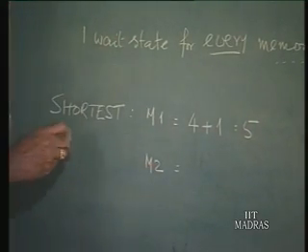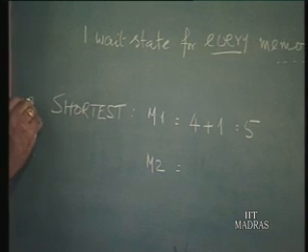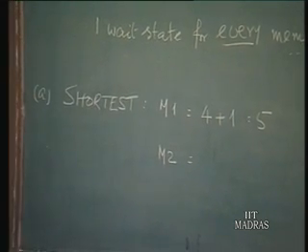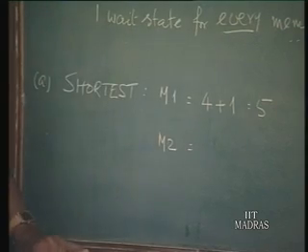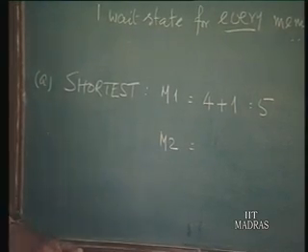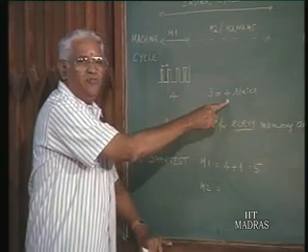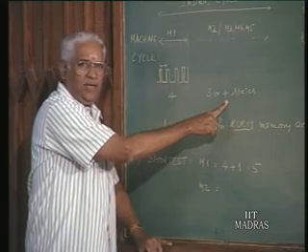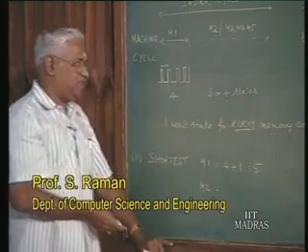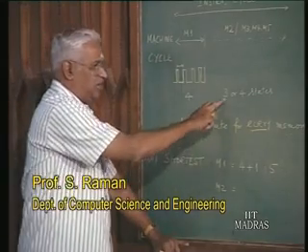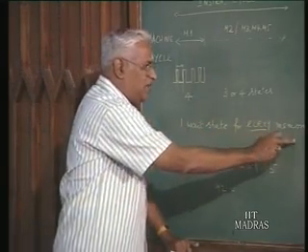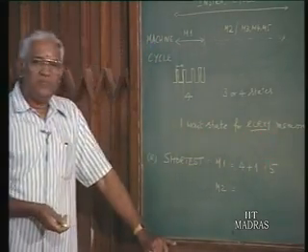Now, we are talking about the shortest, that is the first part of the question. Then we have M2. M2 is another machine cycle and it is either 3 or 4 states, so the minimum you can take is 3. Will there be a memory access? We do not know.